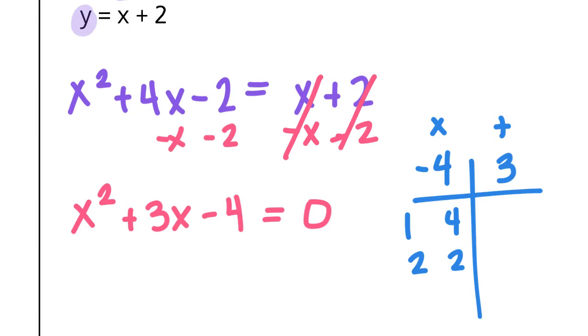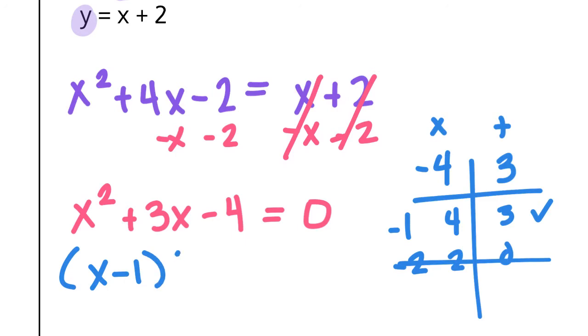But because this is not just regular 4, it's -4, that means that one of your numbers has to be negative in each pair. So I kind of already know the answer, so I'm going to make the first numbers be negative, and let's see what happens. Well, -1 plus 4, that already gives me my 3, so the first one worked out. -2 plus 2 would be my 0, so that doesn't work. So when I factor this, I should have x minus 1 and x plus 4.